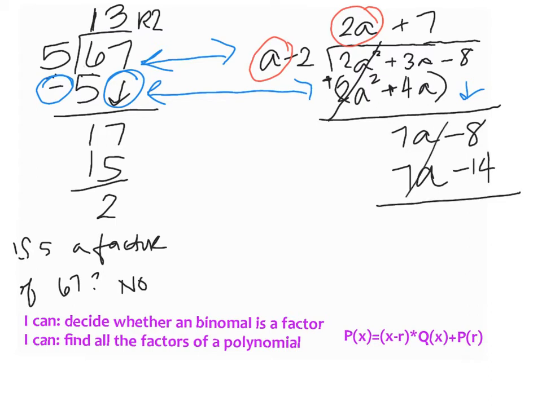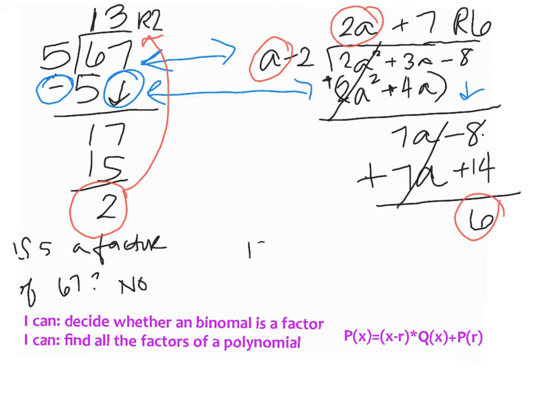Same thing again, I'm going to subtract. These cancel out, but I'm subtracting. So negative 8 minus a negative 14 turns into plus a positive, and then I get 6. And just like over here, 2 was my remainder, 6 is my remainder. So then I'm going to write remainder 6. So is a minus 2 a factor?